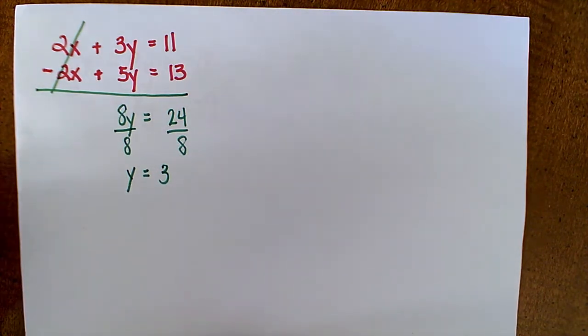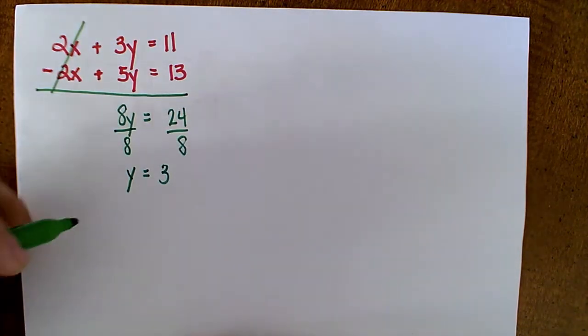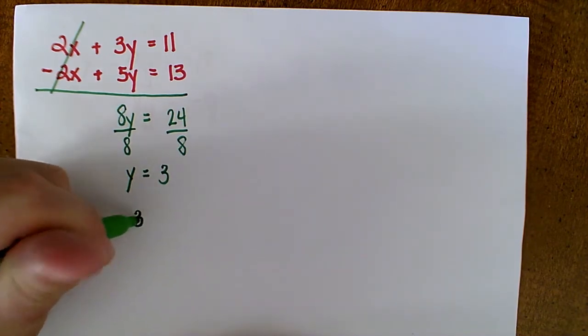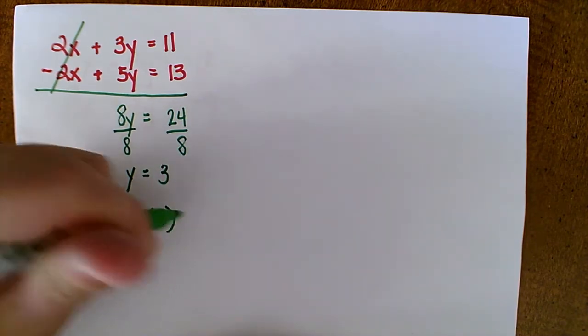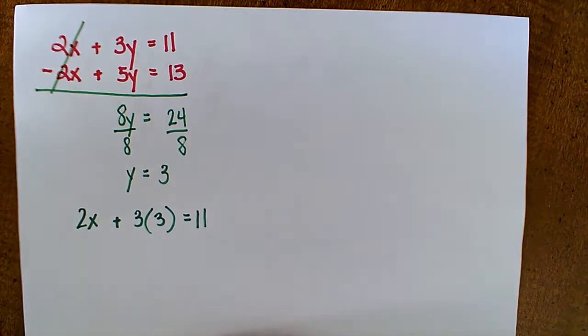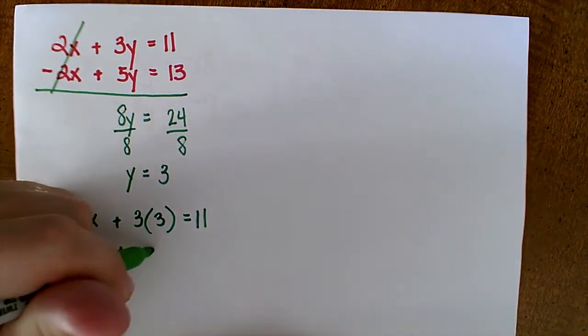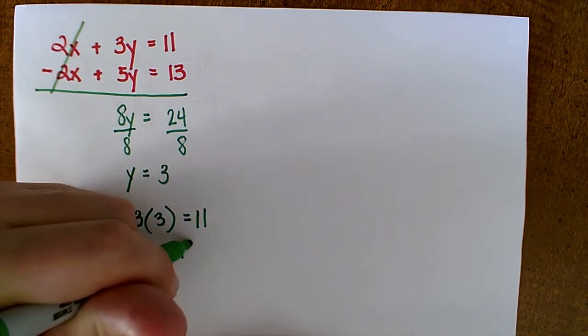3. So let's plug that back into, it doesn't matter which equation, I'm going to pick the top one. 2x plus 3 times 3 equals 11. 2x plus 9 equals 11.